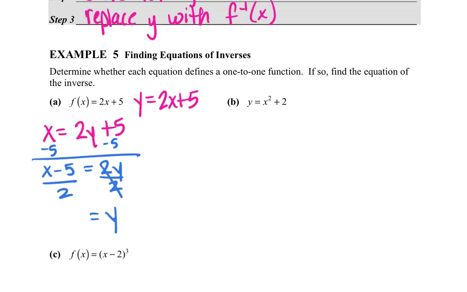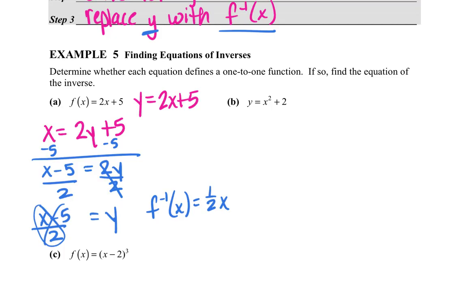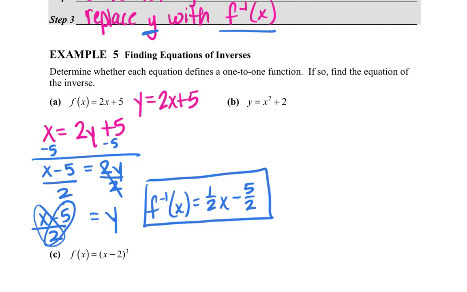And I get that y equals x minus 5 over 2. Now I'm going to replace y with the inverse. So my answer is f inverse equals, so this piece right here is 1 over 2x, and this piece here is minus 5 over 2. And there is my inverse.